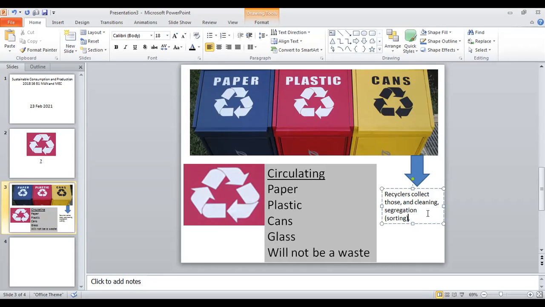Cans, they wash them, and maybe separate the hard part used to open the can, because there may be different recycling values. Segregation or sorting is done.